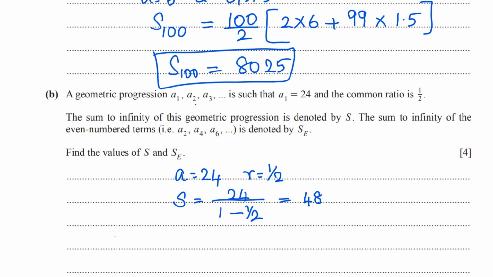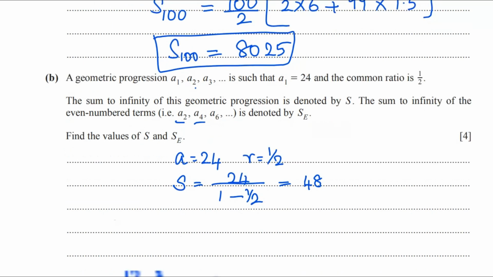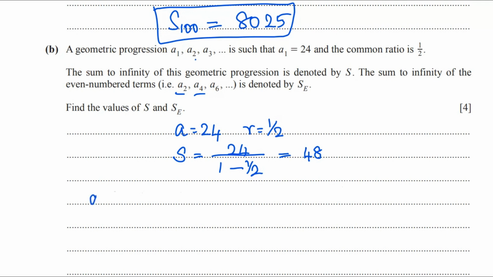The next part is the sum to infinity of the even numbered terms, that is a2 and a4, is denoted by se. So first let's find out what is a2 and a4. a2 is from this progression with the value of a as 24 and r as 1 over 2. a2 is nothing but ar, which is 24 multiplied by 1 over 2, which is equal to 12.